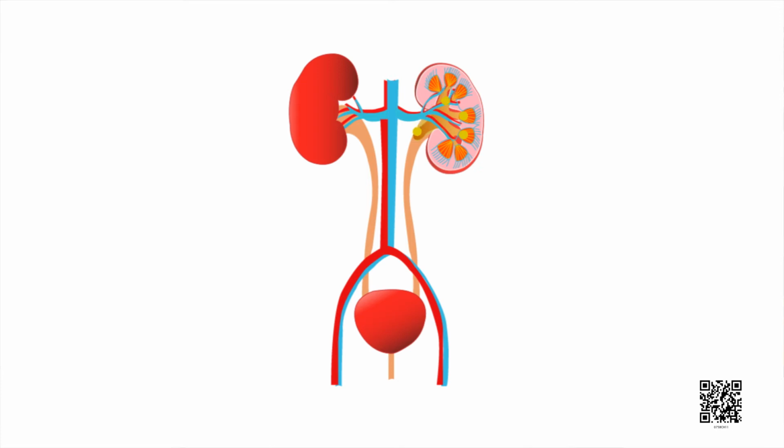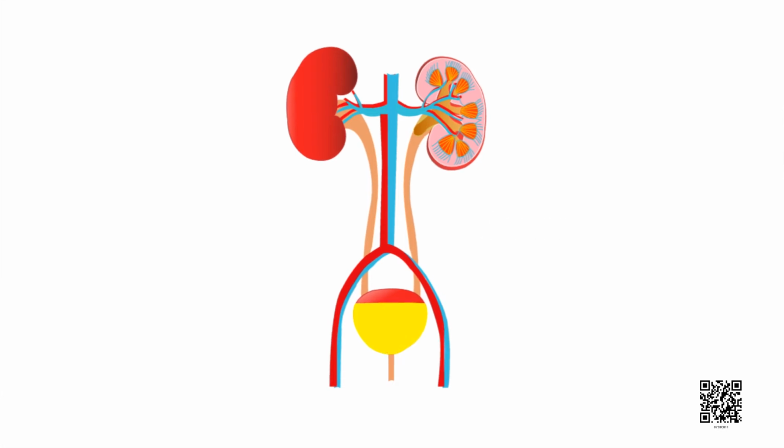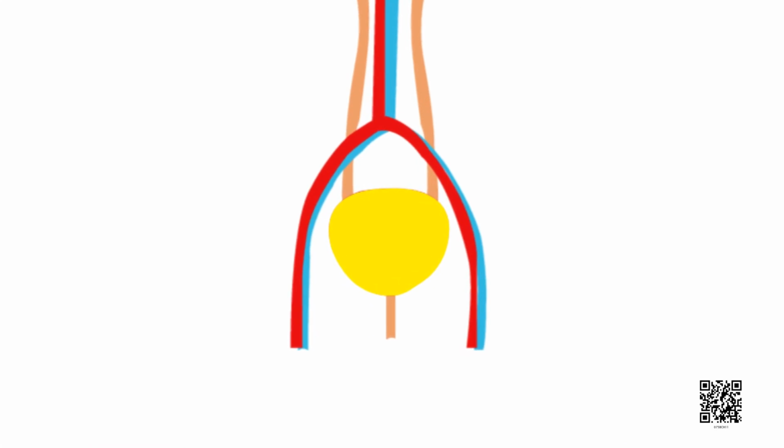From the kidneys, the urine goes into the urinary bladder through tube-like ureters. Urine is stored in the bladder for some time and is passed out through the urinary opening at the end of a muscular tube called the urethra.